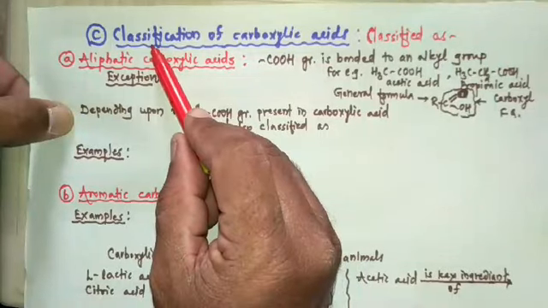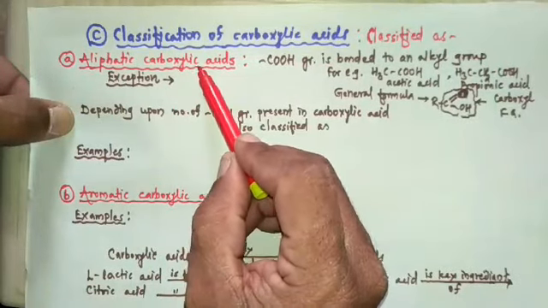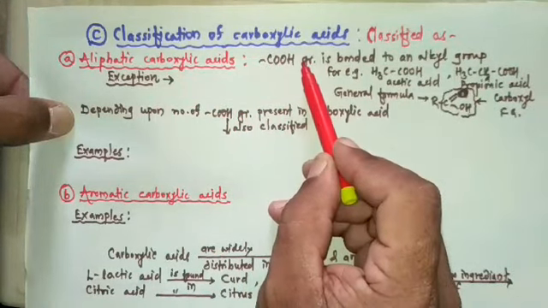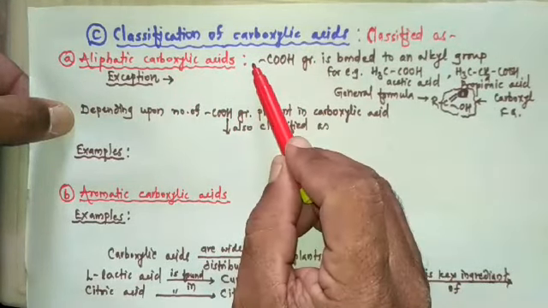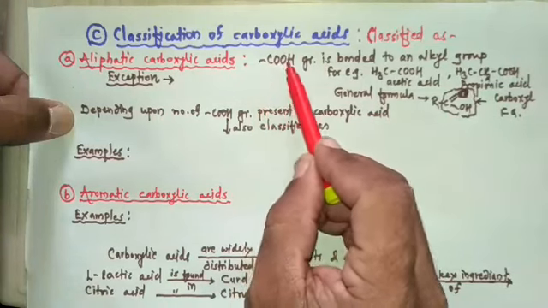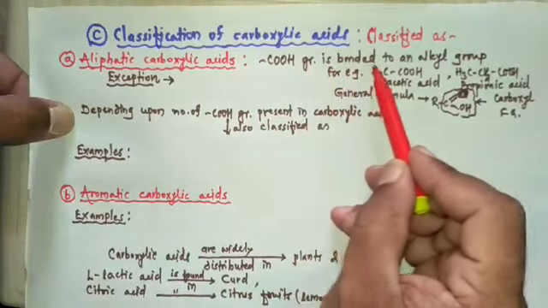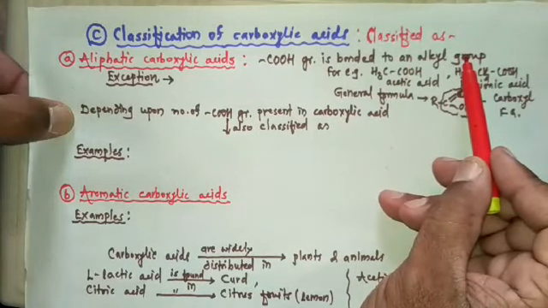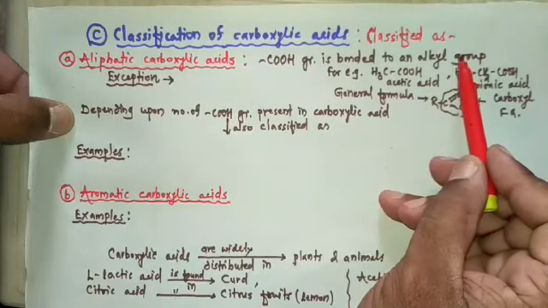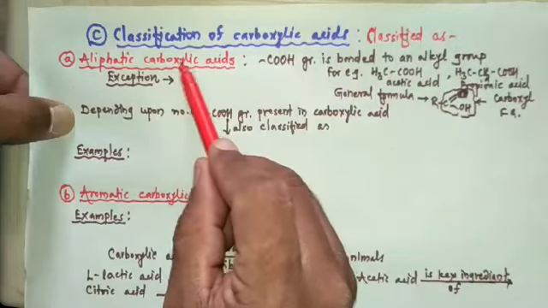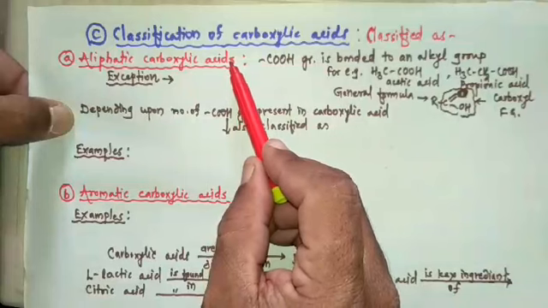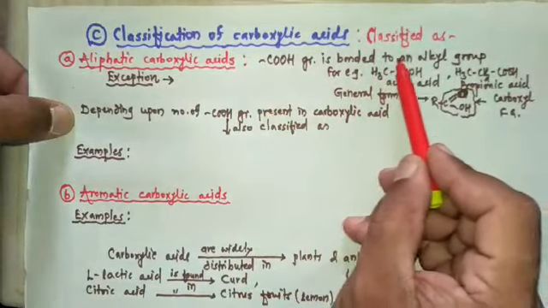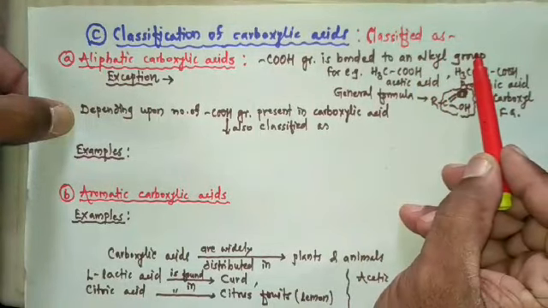So aliphatic carboxylic acids are nothing but organic compounds in which carboxyl group, that is COOH group, is bonded to an alkyl group. Such type of carboxylic acids are called aliphatic carboxylic acids.